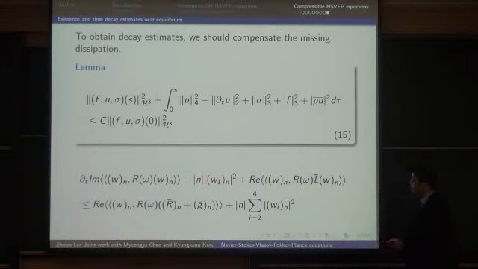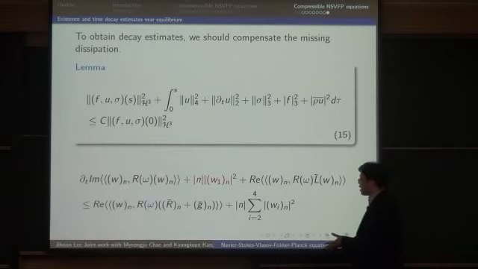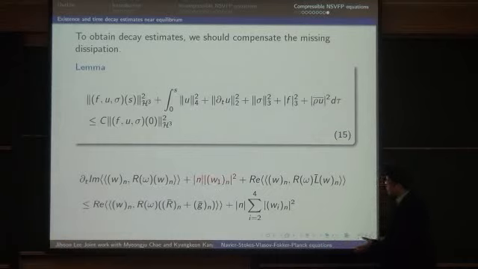Using their Kawashima compensating functions, we just consider some Fourier series. Then this W1 is the nth coefficient of the Fourier series of the square root of mu, and so we can recover the missing dissipations here.